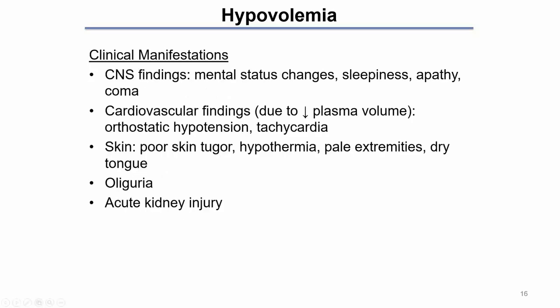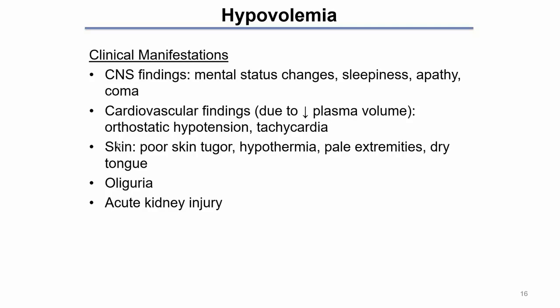Let's talk about the clinical manifestations of hypovolemia. We'll break it down into the organ systems. In terms of CNS findings, you have altered mental status, sleepiness, apathy, and eventually coma. How all that results is typically the result of either cell shrinkage or cellular swelling of the neurons. So in the case of hypovolemia, you typically would have an increase in osmolarity in the ECF because you've lost water.